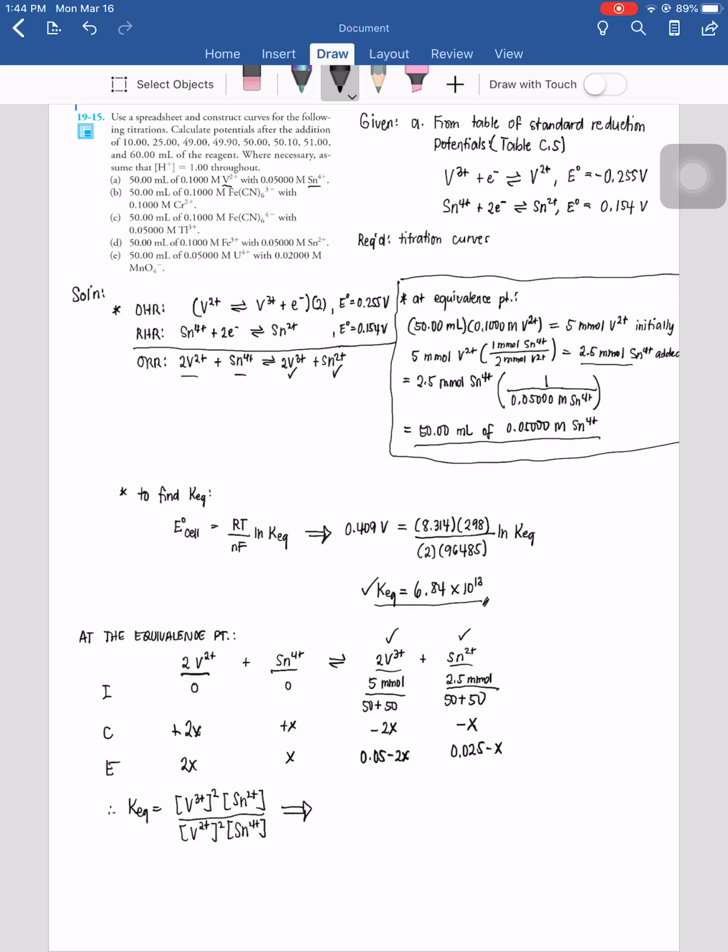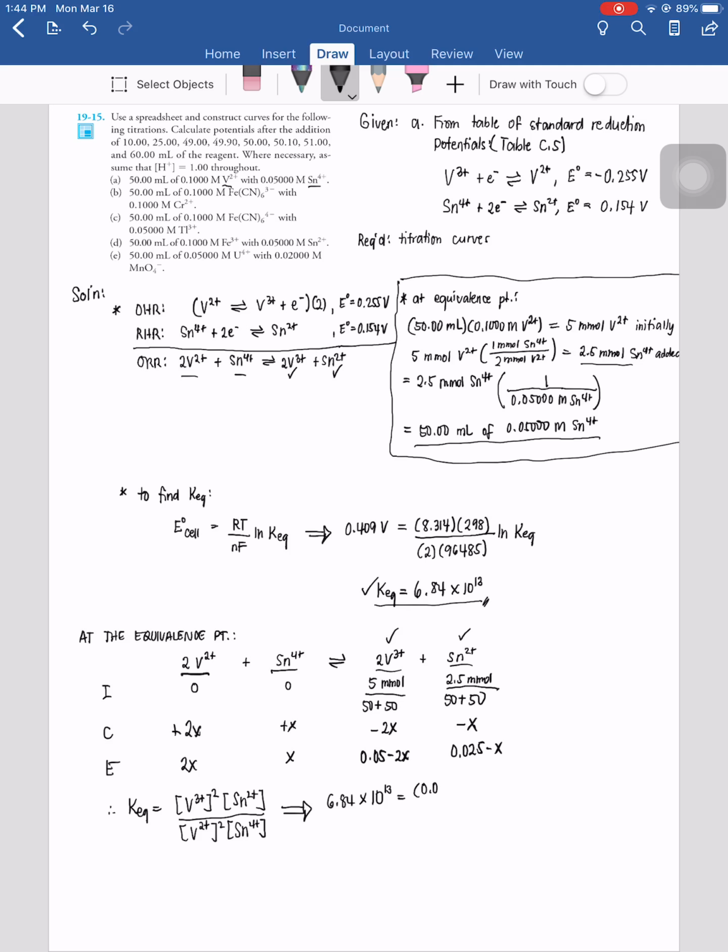Now plugging in the values, we now get the following. KEQ is computed in the previous video. That's 6.84 times 10 to the power of 13 equal now to the concentration of vanadium-3 in molars.